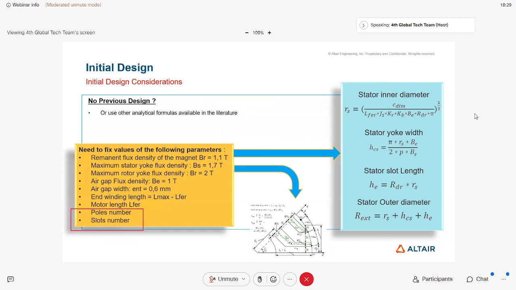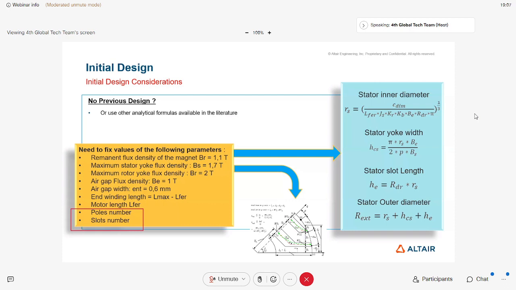In a synchronous reluctance machine, we need to fix the number of layers and the shape that we are going to consider, which is not really obvious. So there is a lot of ping pong here. We have to try and test, and that's why we can have a few candidates that can satisfy the specification, and then according to maybe the mechanical stress or the NVH behavior, we can choose one and not the other.